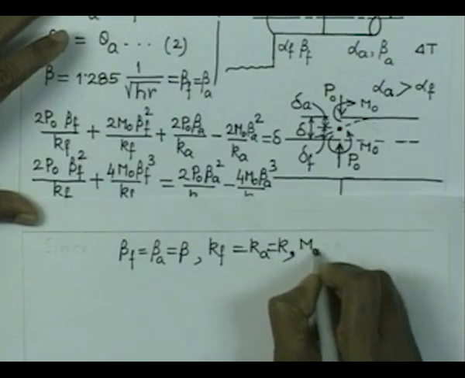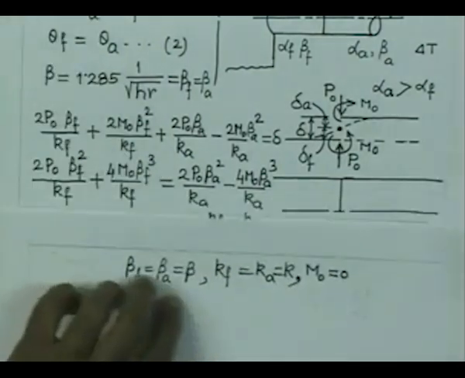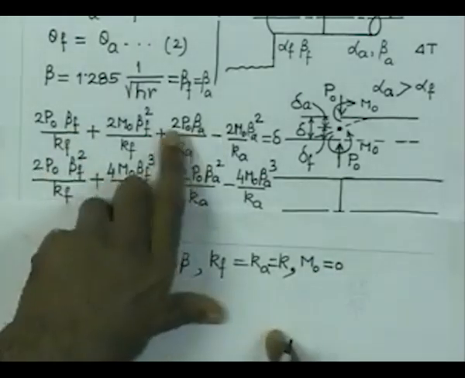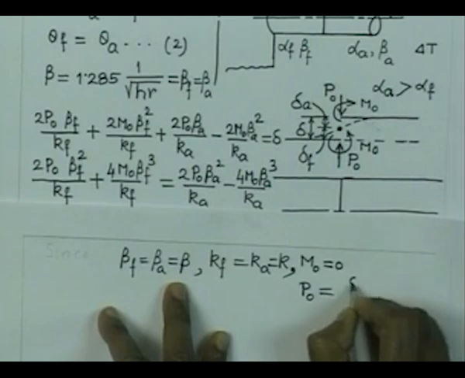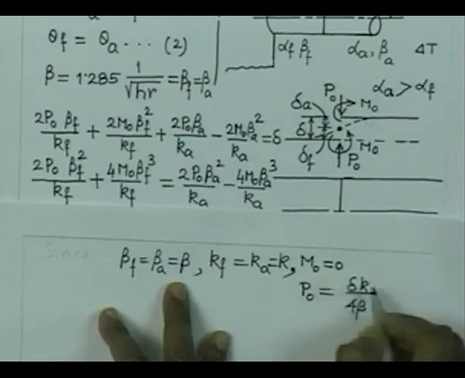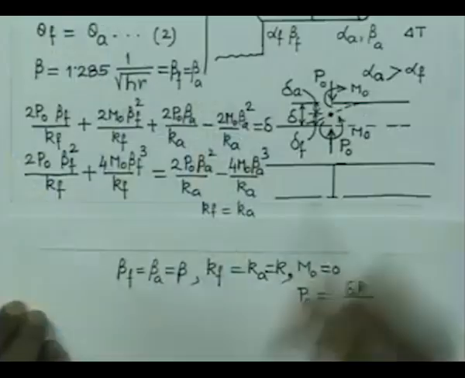Then from the second equation we find that M0 equal to 0, and once M0 is equal to 0, from the first equation you can get P0, which turns out to be delta K by 4 beta. So, that is the magnitude of the force which is going to develop at the junction of the two pipes, and from this you can calculate the discontinuity stresses, the total stresses that are going to come up over this segment of the pipe or this segment of the pipe.